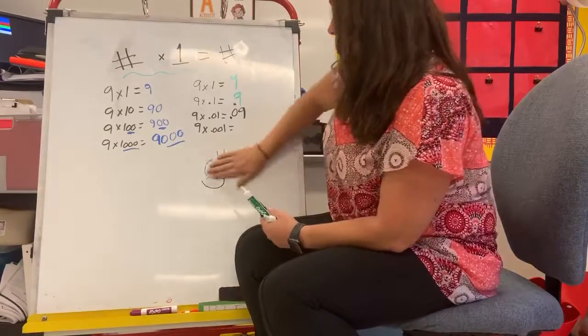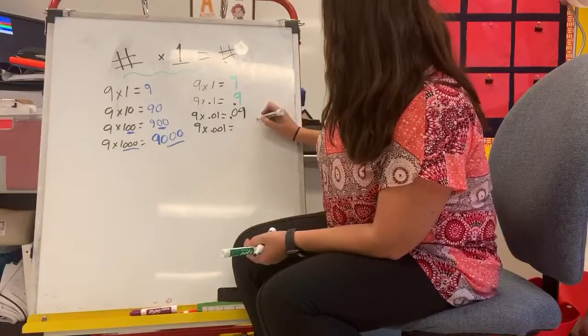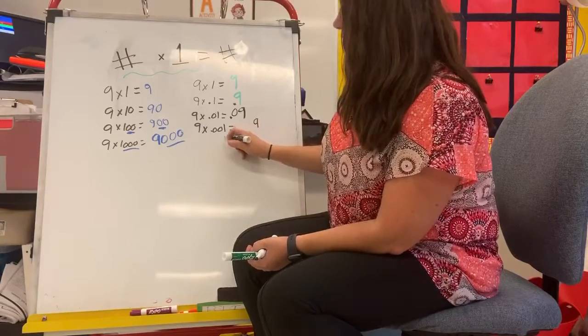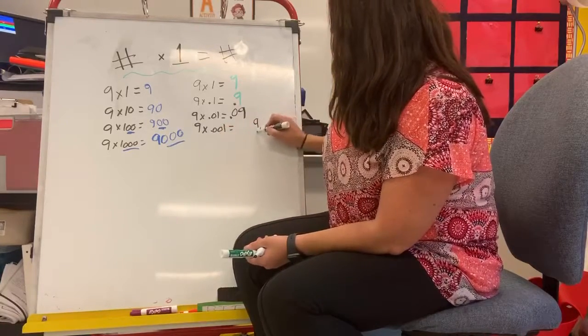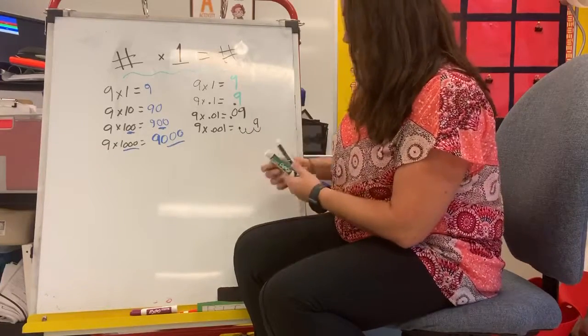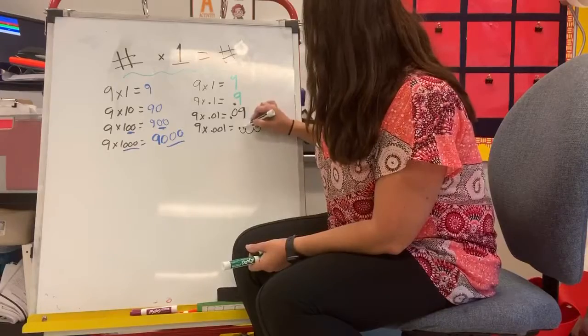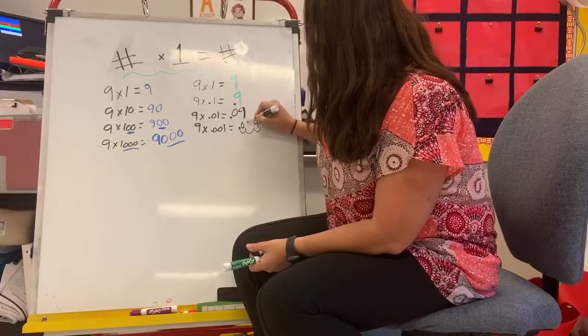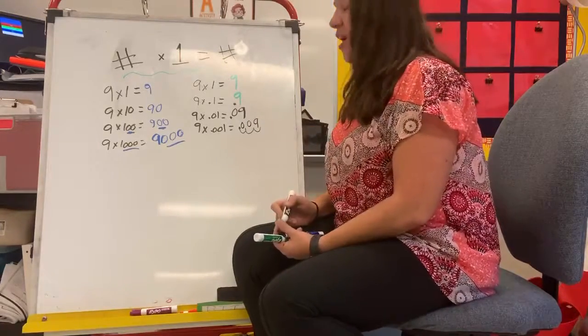What about for 9/1,000ths? Well, it's the same. I'm going to write my 9, move my decimal 1, 2, 3 times, put the placeholders in their spots for 9/1,000ths.